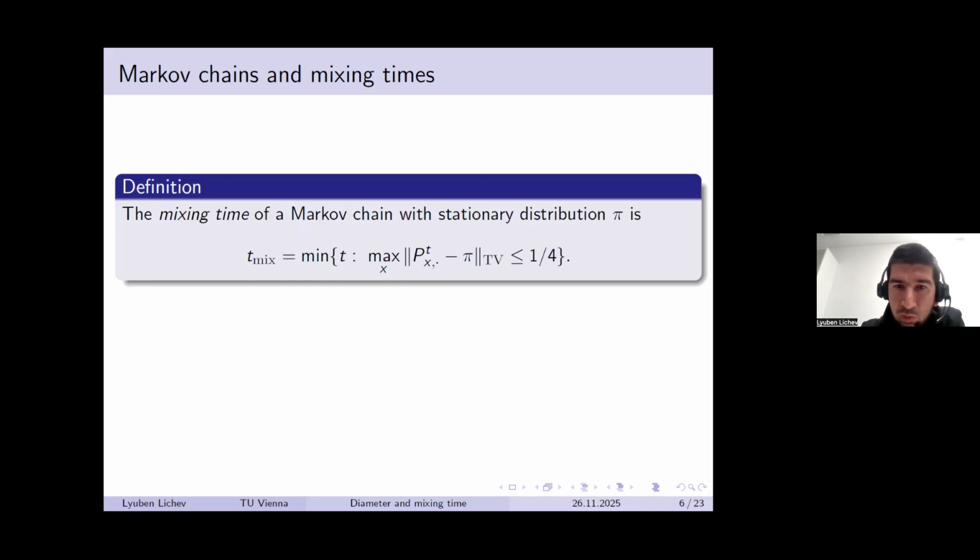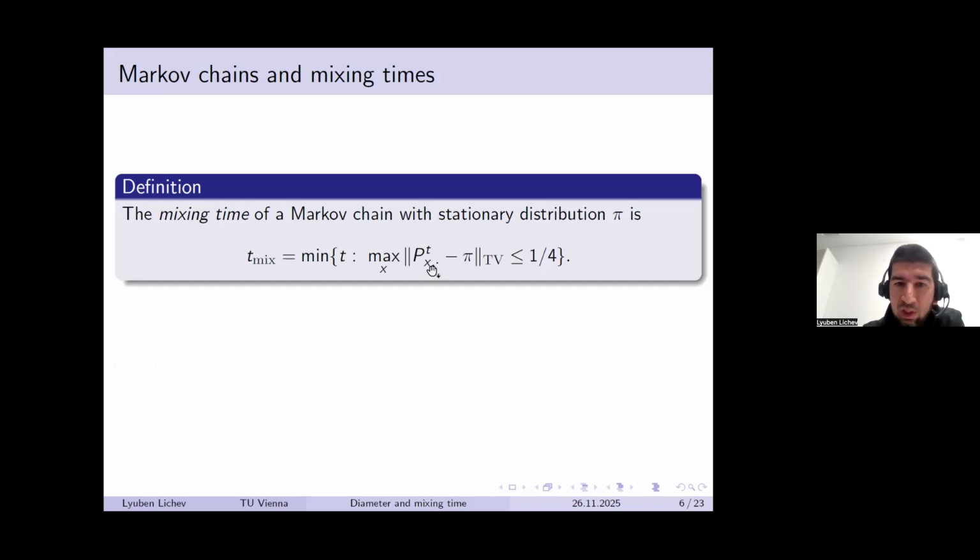So we said what the stationary distribution is, and for these nice Markov chains, when the number of steps in the Markov chain is suitably large, we actually converge to this stationary distribution, but it's also important how fast we converge. So the mixing time is what actually characterizes, quantifies how fast we converge to the stationary distribution.